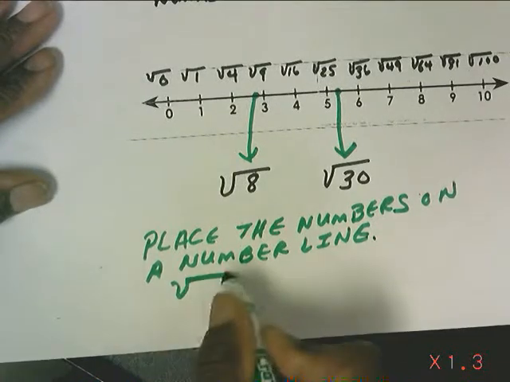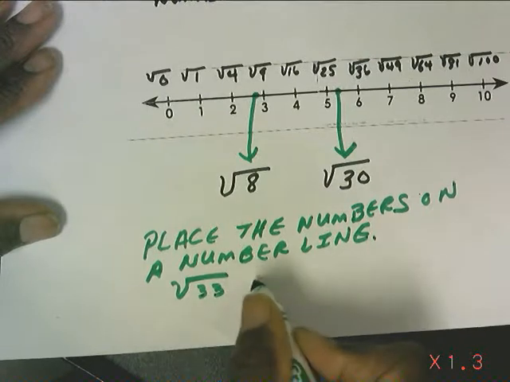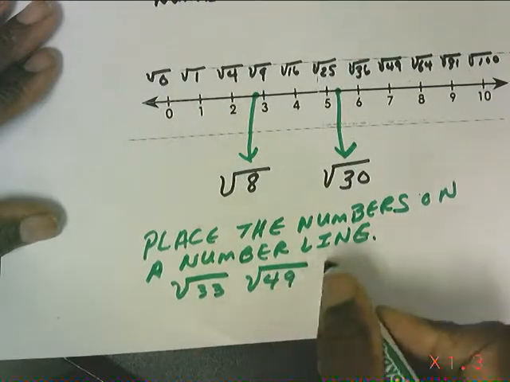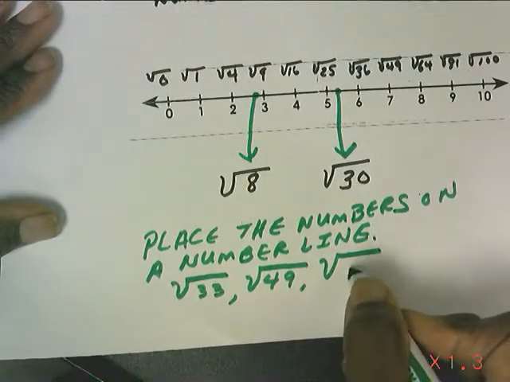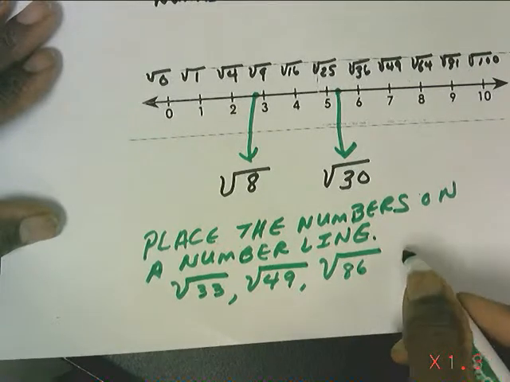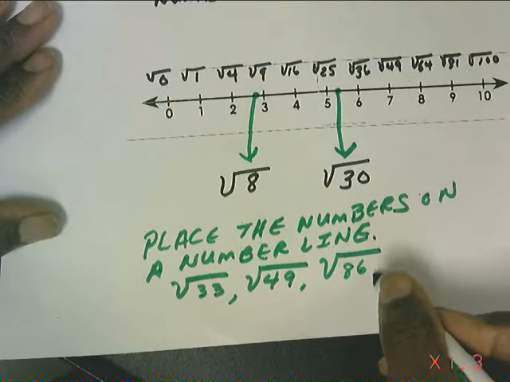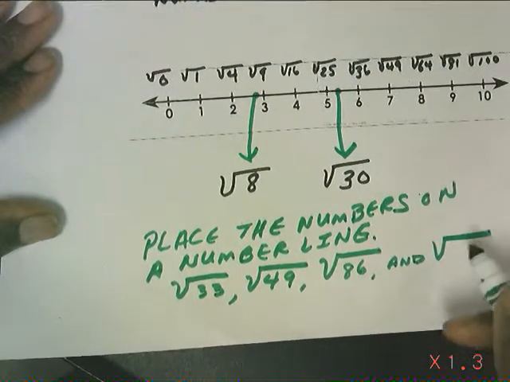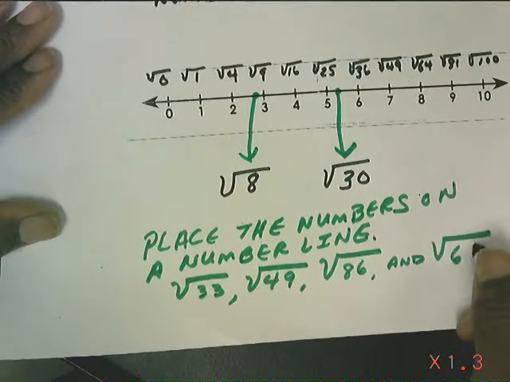The square root of 33, the square root of 49, the square root of 86, and the square root of 67.